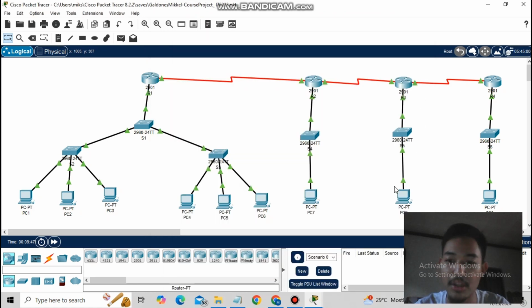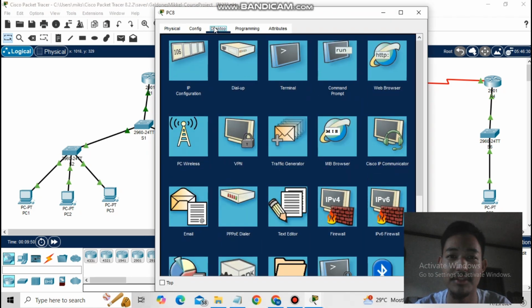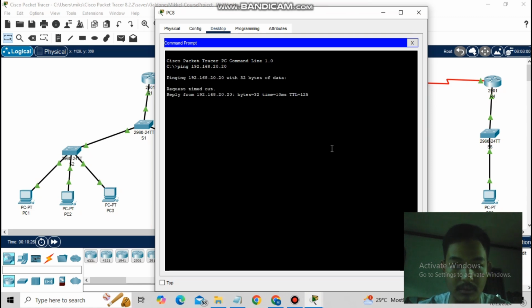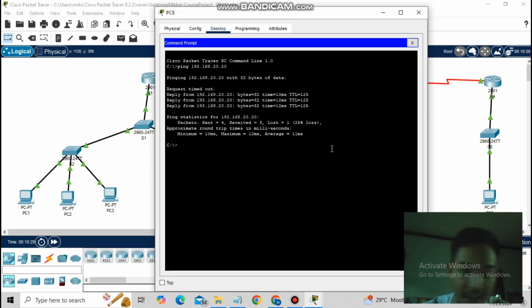So let us try doing that at the same time for PC number 8 to see if this device can also access the host devices on the first network, the network connected to router 1. So let us do just that. And it is a relative success of 75%.